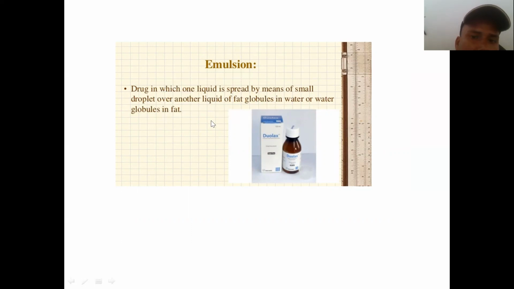It is in solution form, but the composition is water and lipid, or you can say fat, will be present. Since fat is hydrophobic and water is hydrophilic, they are not soluble in each other, so it looks like droplets. So this is the emulsion.